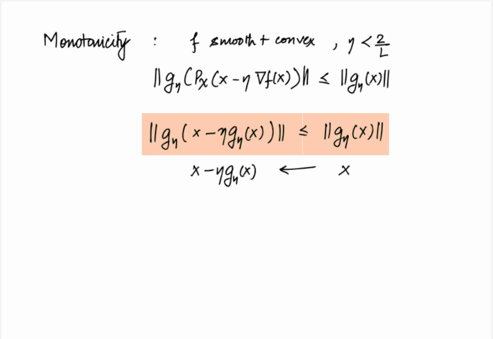So in other words, what we are saying is that the application of the PGD update results in the norm of the gradient map decreasing for a smooth and convex function for eta less than 2 by L. In other words, the sequence of norms of g eta of xt is non-increasing with t.